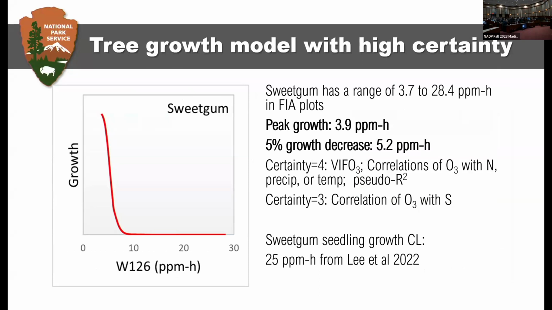So 3.9 — the critical level for the tree seedling is actually set for 5% growth, so it's directly comparable to the 5.2 for 5% growth decline in mature species.